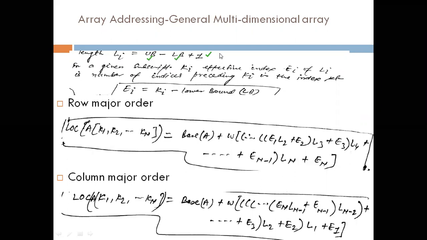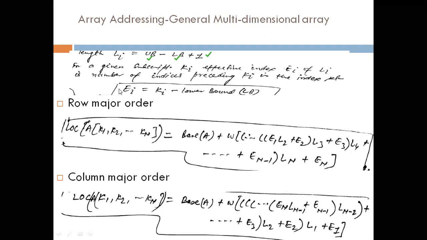We have already discussed this. For a given subscript ki, we should compute the effective index, like we derived in the two-dimensional array. So the effective index of ki is the number of indices preceding ki in the index.